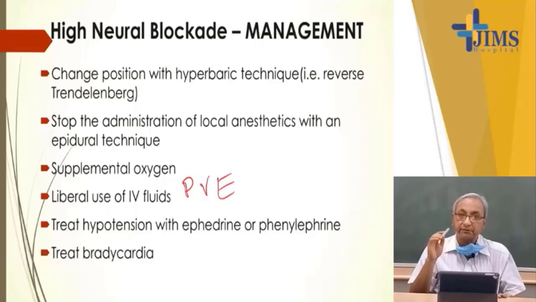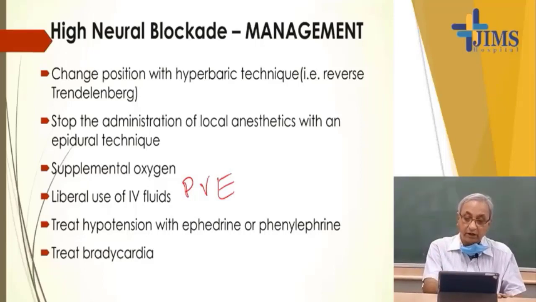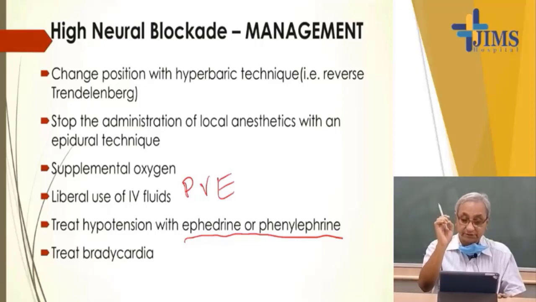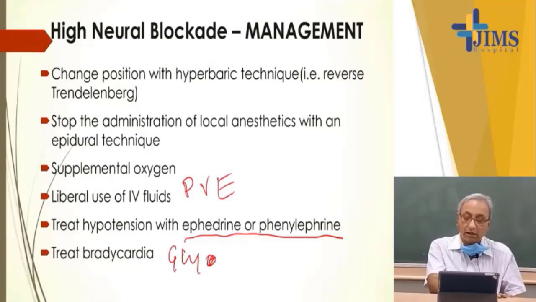If the blood pressure doesn't come up, then we should give intravenous ephedrine or phenylephrine for vasoconstricting the vessels. For bradycardia treatment, we can use glycopyrrolate or atropine.